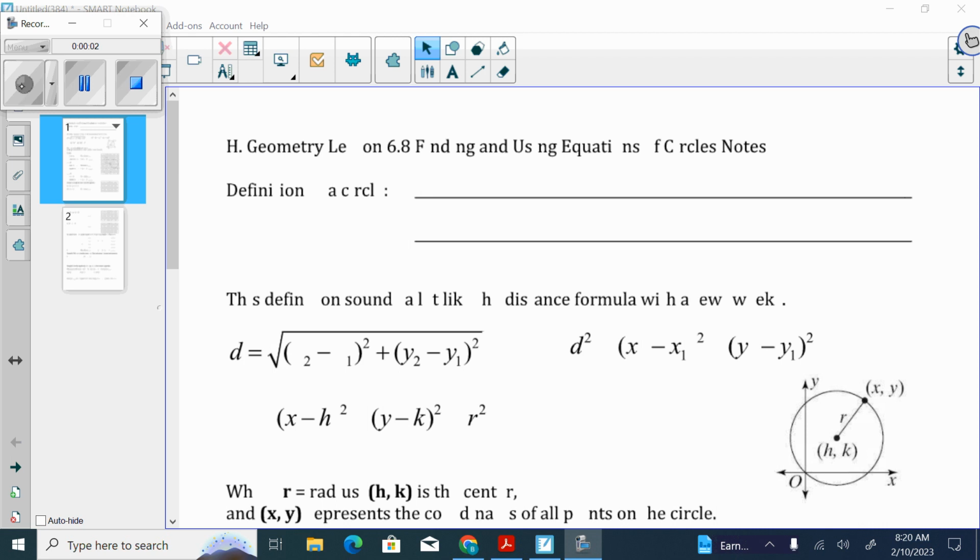First, our definition of a circle. So we filled in the blanks for this a few times on various notes, but our definition of a circle is a set of points equidistant from the given point, the center.